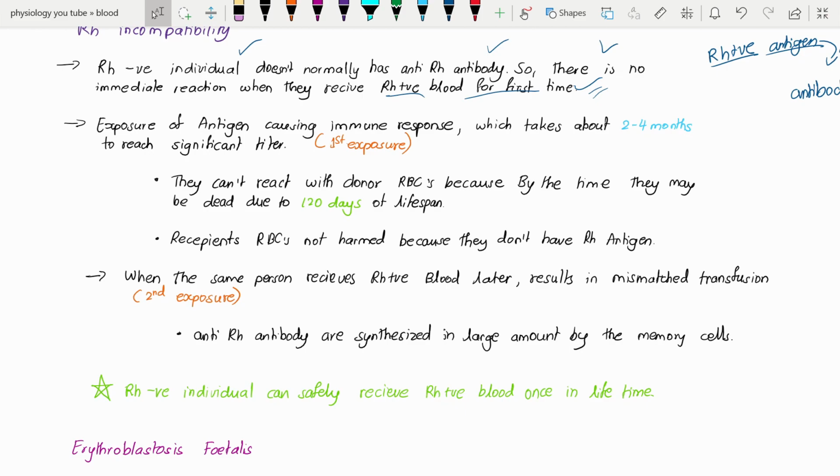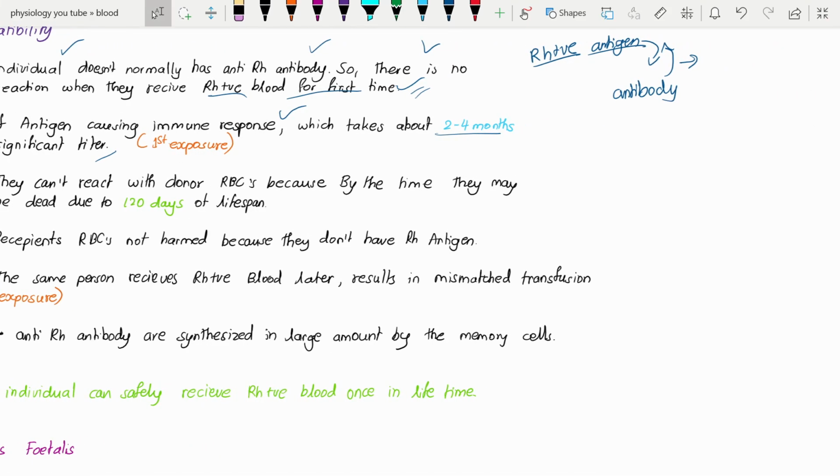When there is exposure to the antigen, that causes an immune response, and it takes around 2 to 4 months to reach a significant titer. As we know, there is a primary response of the immune system to an antigen that is presenting for the first time. It takes around 2 to 4 months. But by the time they produce a significant titer, meaning significant antibodies in the blood, the RBCs of the donor will be dead.